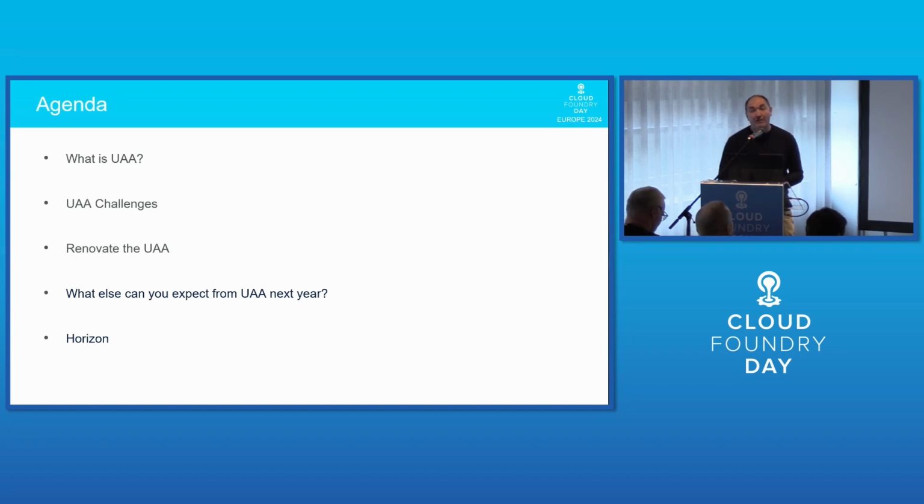We have not solved everything, but I'll describe what is solved already. And of course, as an outlook, you can get something of what comes next year, because we also have a backlog where we try to bring in new stuff, and the horizon is something which is mainly on my mind, which is not really on our backlog, so to say.